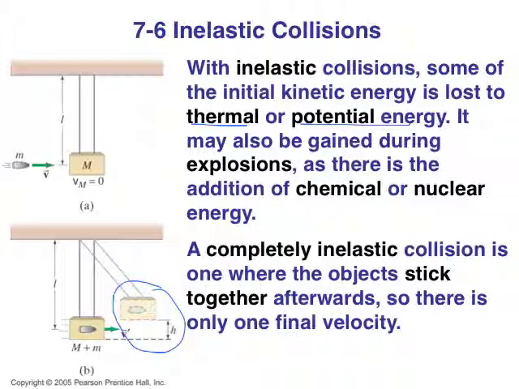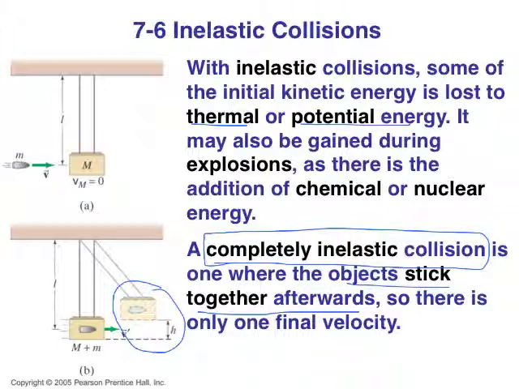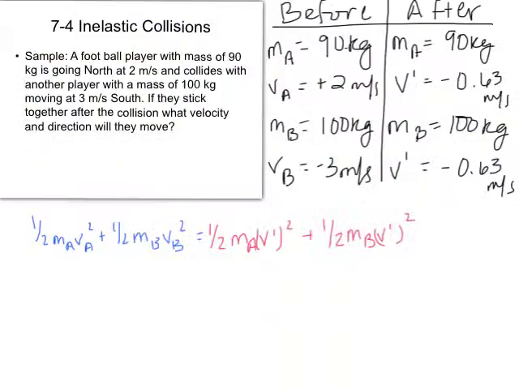A completely inelastic collision, or sometimes referred to as perfectly, is when the two objects stick together afterwards. All right, so it is possible to have two objects bounce and hit each other and have just a little bit of kinetic energy lost, but then still bounce off of each other and be separate afterwards. Okay? So let's do another sample with that.